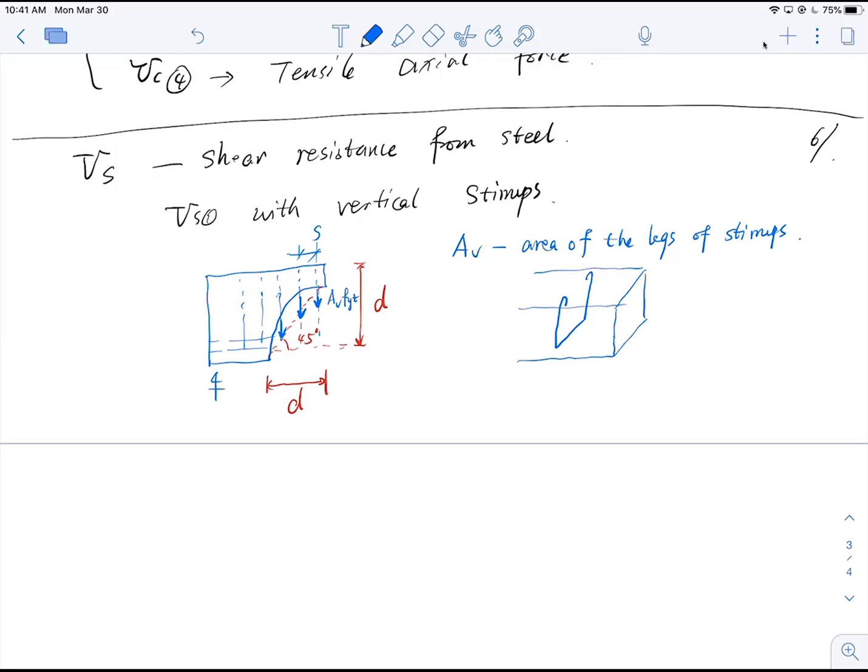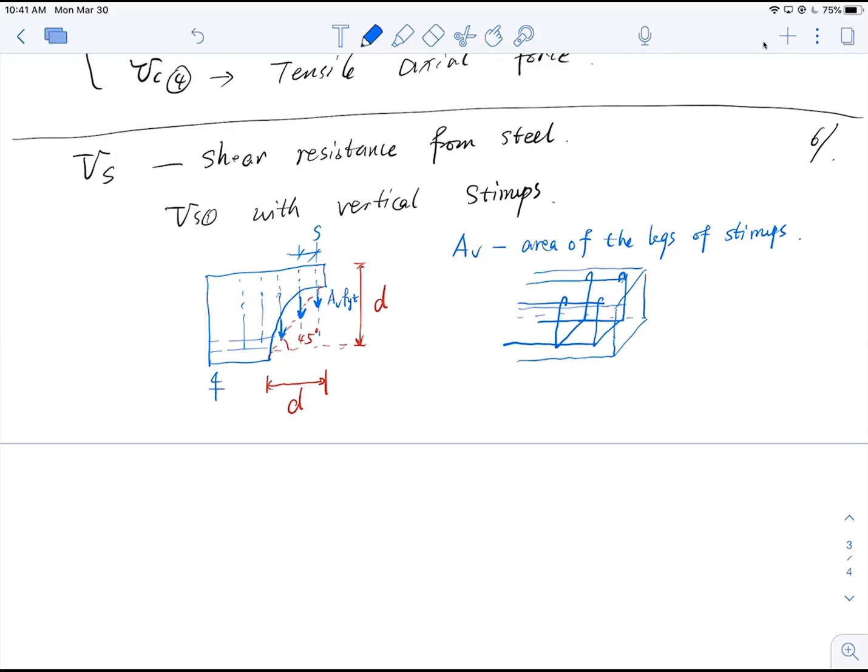I have another stirrup like this, and I also have longitudinal reinforcement to connect them, assuming I also have compression bars. So that is the cage.